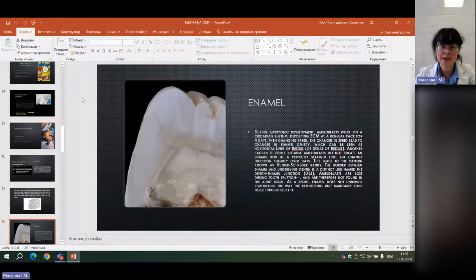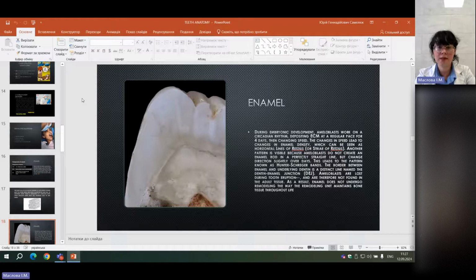During embryonic development, ameloblast works on a circadian rhythm, depositing ECM at a regular pace for 4 days, then changes speed. The changes in speed lead to changes in enamel density, which can be seen as horizontal lines. Another pattern is visible because ameloblasts don't create enamel rods in a perfectly straight line, but change direction slightly over days. This leads to the pattern known as Hunter-Schreger bands.